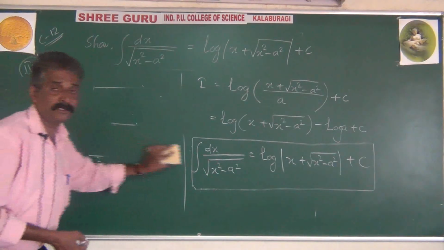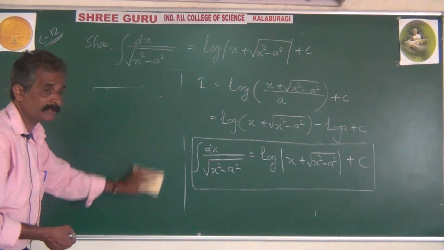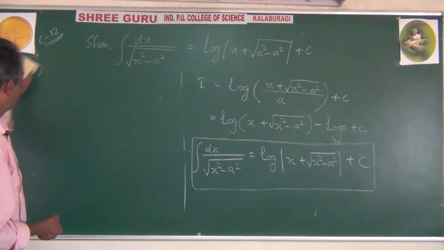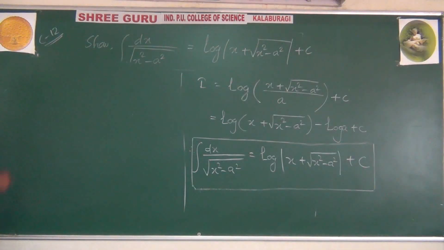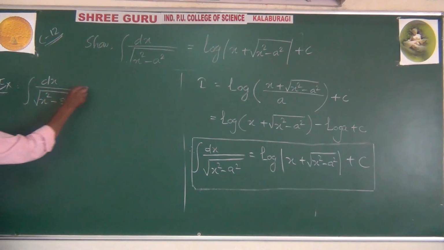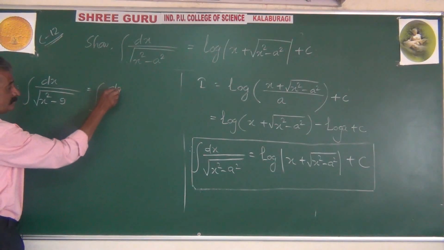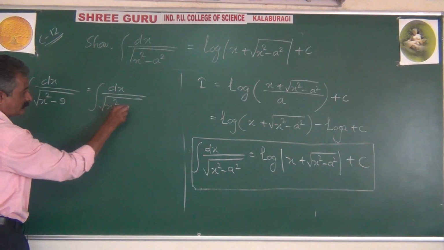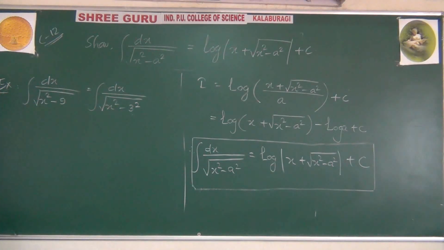Let us see, for example, how this formula we are going to use in the coming problems. We write for example, integration dx by square root of x square minus 9. It is equal to integration dx by square root of x square minus 9. What is 9? 3 square.